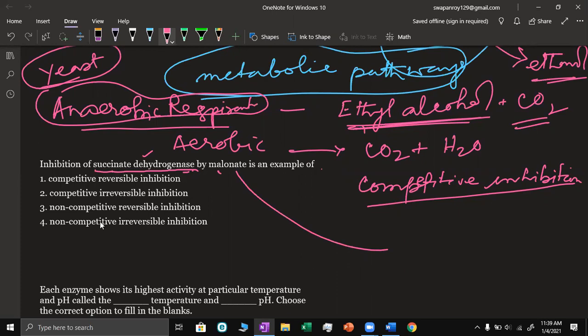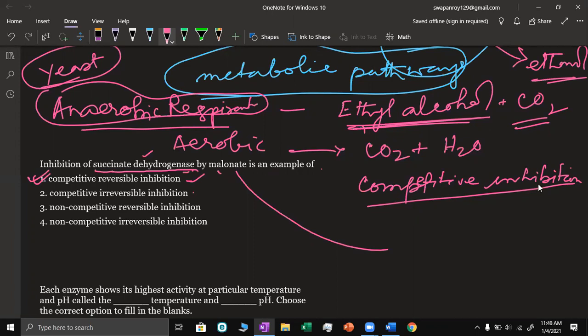So this one is competitive reversible inhibition. Competitive reversible in which way?